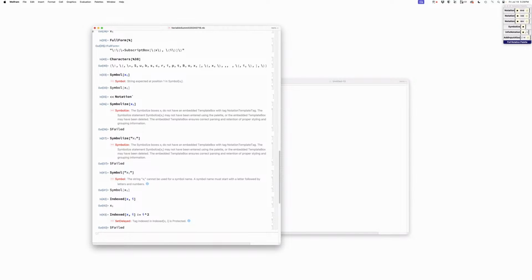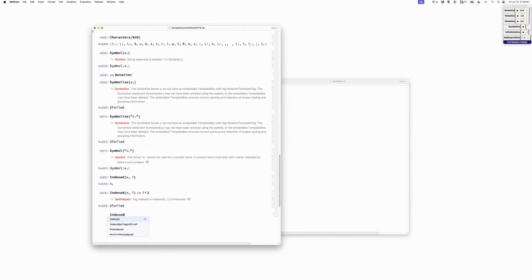But what if X equals a list? Can you say indexed of X comma 2 equals something? Like part? No, we didn't hook that up. Well, first you need to make X a list, like define X, but it sounds like, yeah.